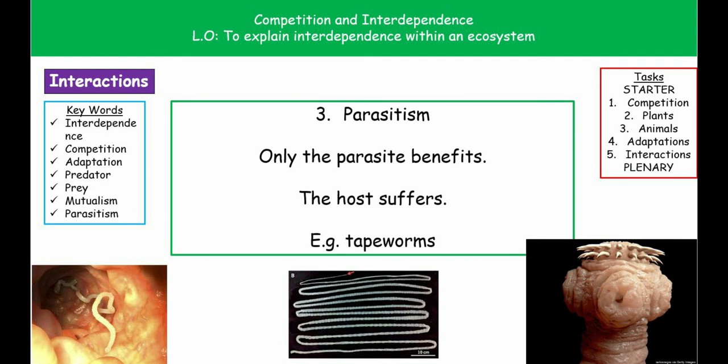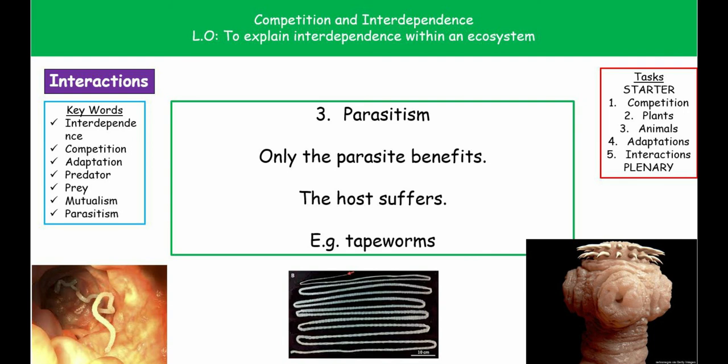Otherwise, tapeworm will get inside you, and you can see on the right hand side of your screen, that's the head of the tapeworm. So it's got the suckers and it's got hooks that are going to embed itself nicely in the wall of your intestine, which you can see in the picture on the left. Once it's embedded, it's then going to grow, because this thing is going to steal all of the nutrients that you take into your body.